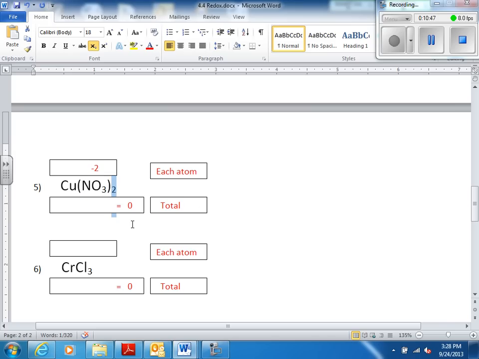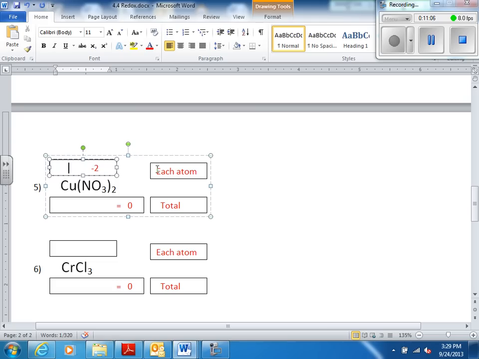We've done this before with figuring out names from formulas. We can figure out the charge of the copper knowing that we have 2 nitrates. We have 2 -1s. If we have 2 -1s, we know the copper has to be +2. So I have the copper is +2, the oxygen is -2.